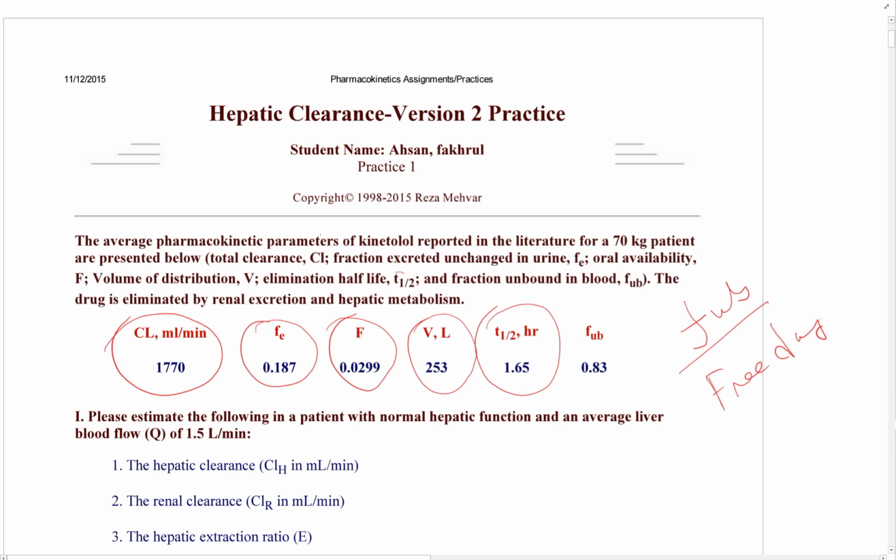And also you have to see that liver blood flow is in liter per minute. So all this is milliliter per minute, this is in liter, this is in hour, and this is in liter per minute.